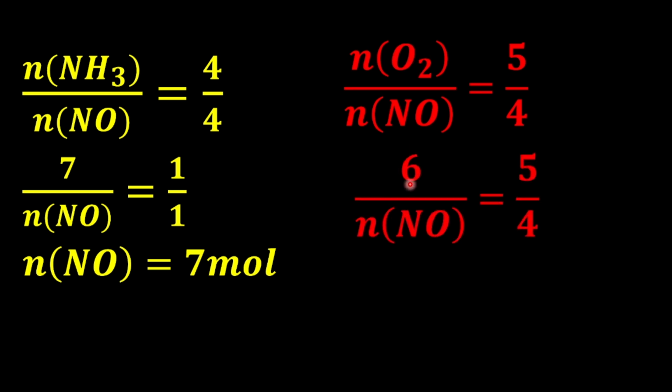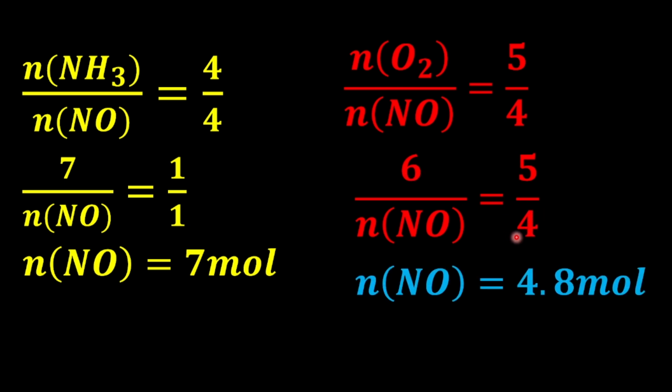So the moles of oxygen was giving us 6. So when you insert that in the equation, you are going to get N of NO times 5 to be equal to 6 times 4. So when you divide, you are going to get N of NO to be equal to 4.8 moles.